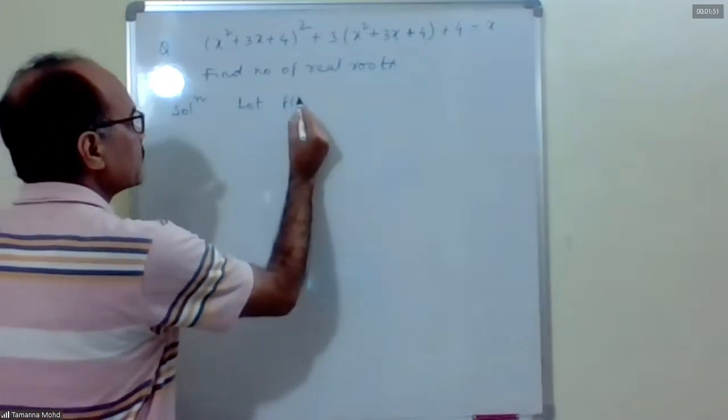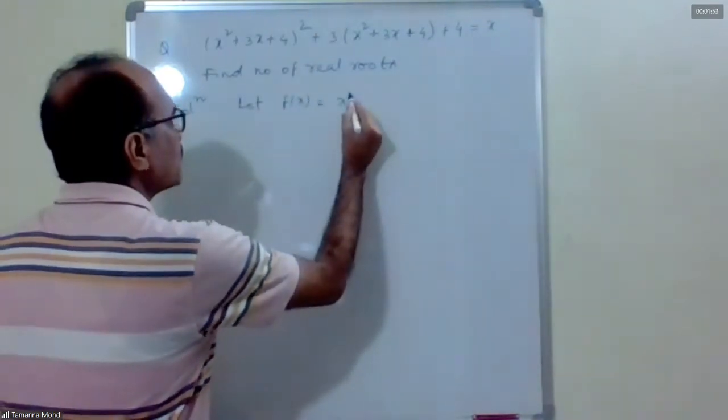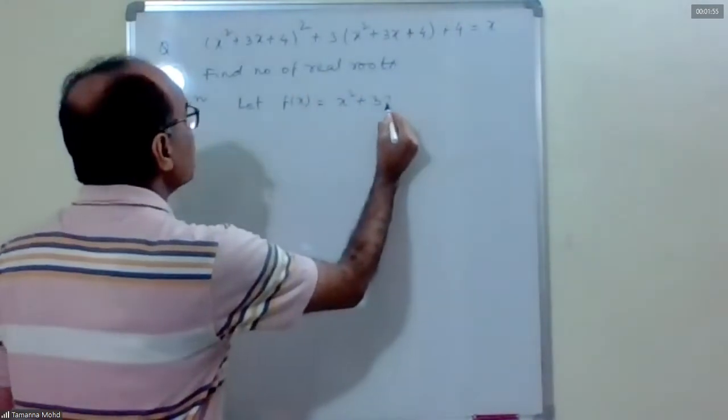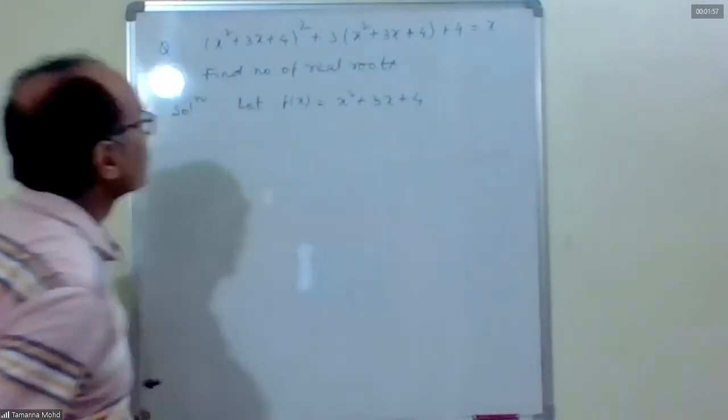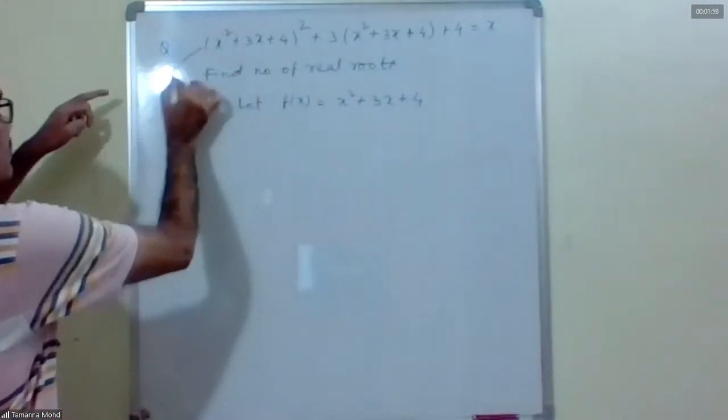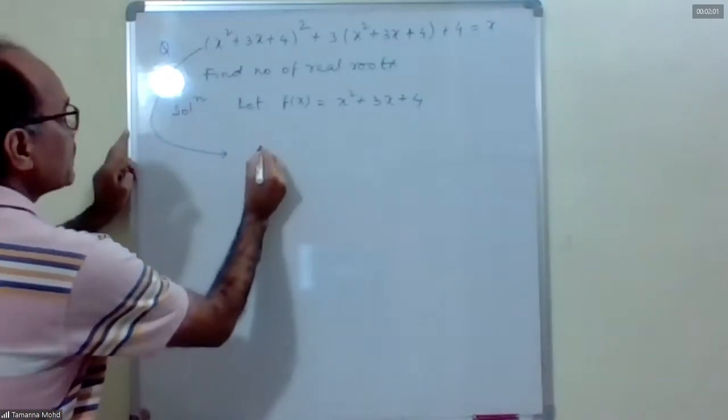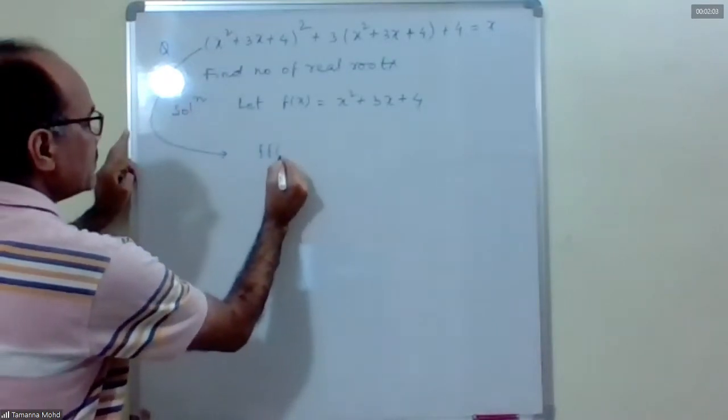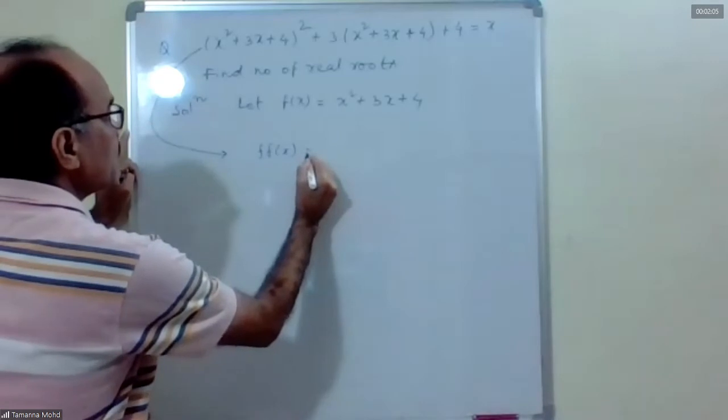Let f(x) equal x square plus 3x plus 4. So this given expression is nothing but f of f(x) equal to x.